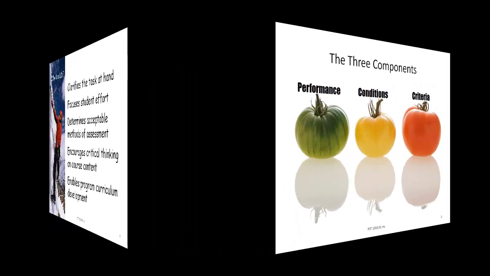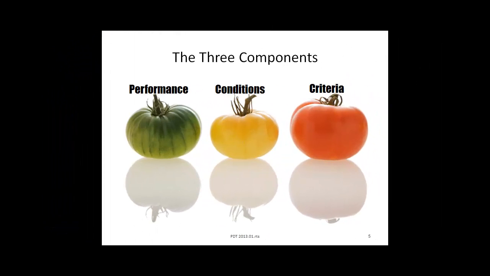There are three components of a learning outcome: green, yellow, and red: performance, conditions, and criteria. They all fit together to give us an idea of what the student needs to accomplish. Performance tells us what must be done. It focuses on the verb, we'll talk about that in just a minute, of what the student must accomplish.